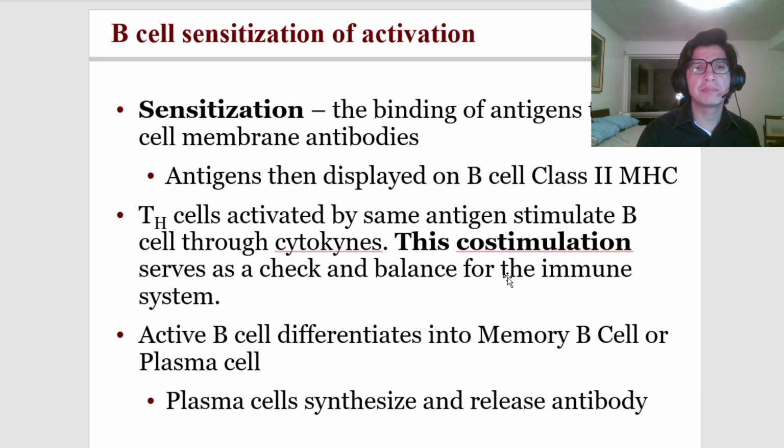So you have this process of sensitization occurring. This process of sensitization allows antigens to be presented on the surface of these particular B cells.